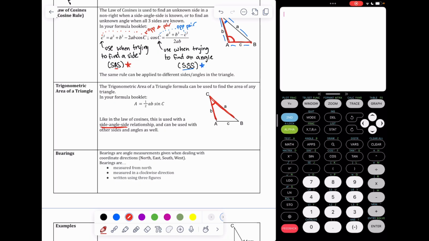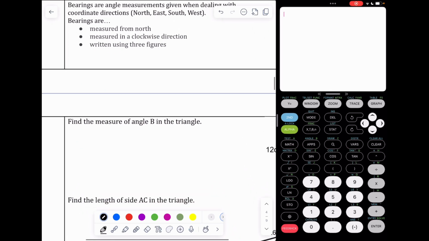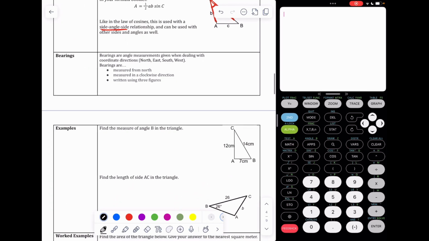All right, and then lastly, something that we'll see a lot in word problems is going to be called bearings. So bearings are a way to give measurements. They're often used in navigational situations, so like ships and planes, things that navigate.